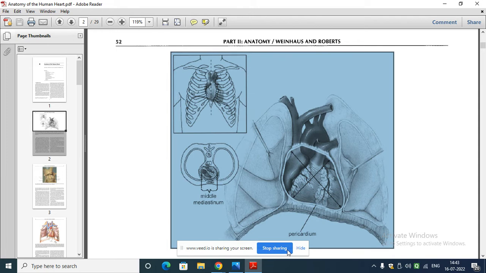It lies posteriorly from the fifth to the eighth thoracic vertebra, and descends by one vertebra in the erect posture. It is separated from the vertebral column by the pericardium, the right pulmonary veins, the esophagus, and the aorta. So here is the esophagus.